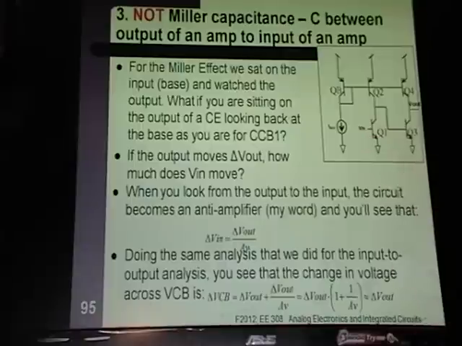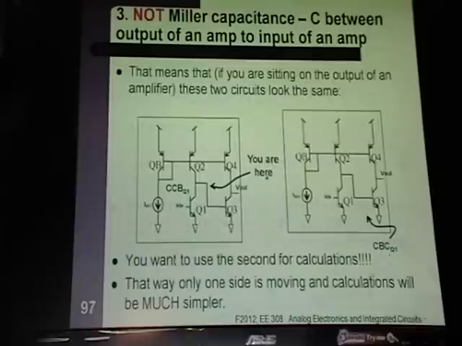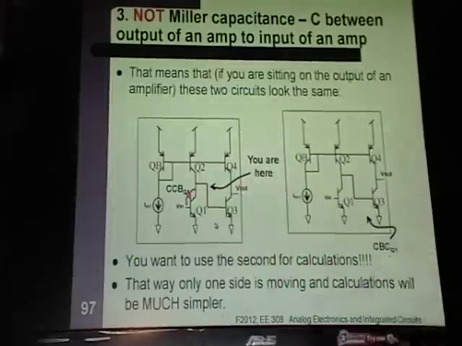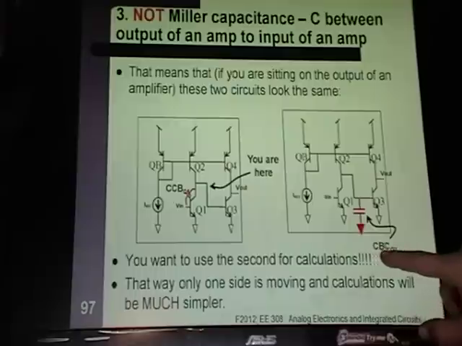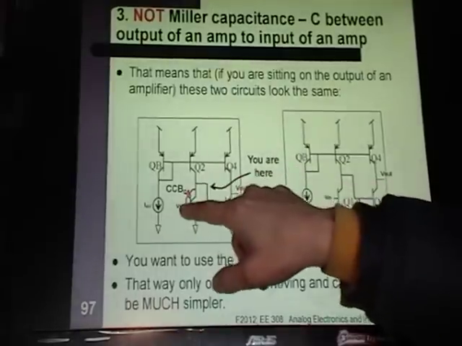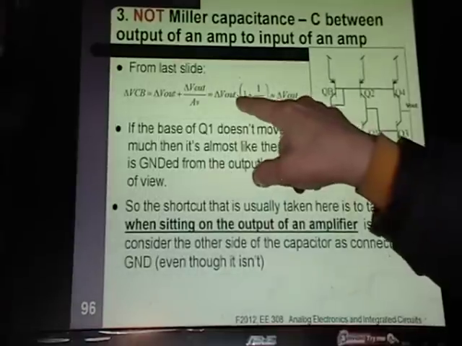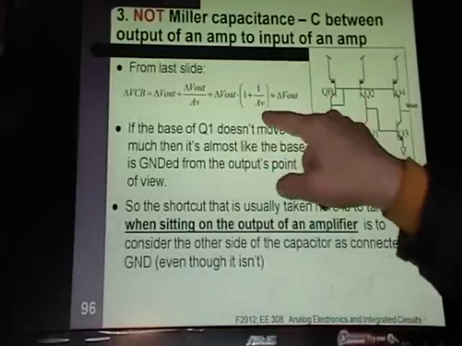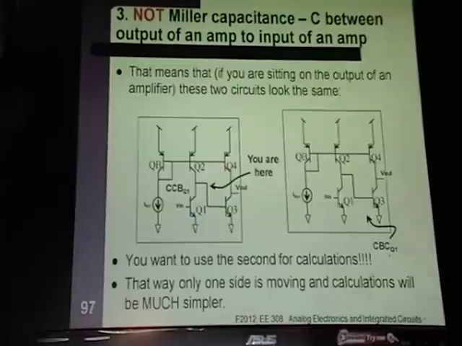So if you're right here and you have this capacitance from the collector to the base, you can replace that with just CBC, because it's pretty much like this other side isn't moving, or you can do CBC times 1 plus 1 over AV. And I'll let you read through this if it's not clear where that comes from.